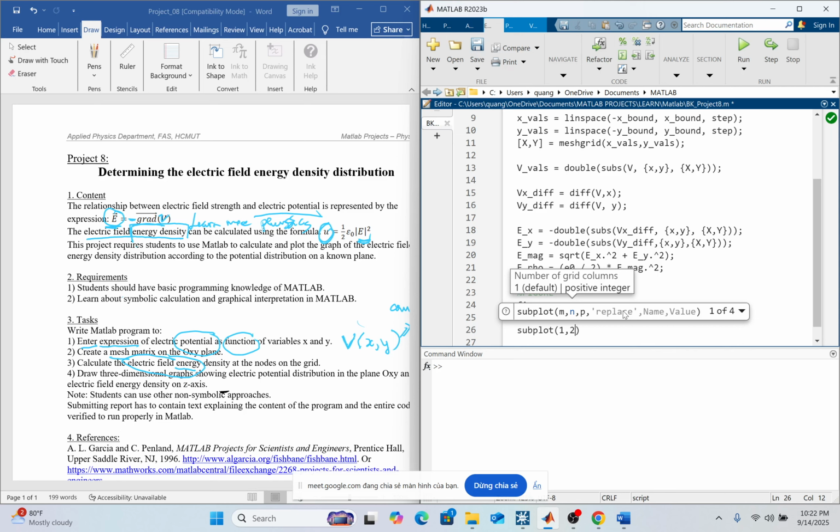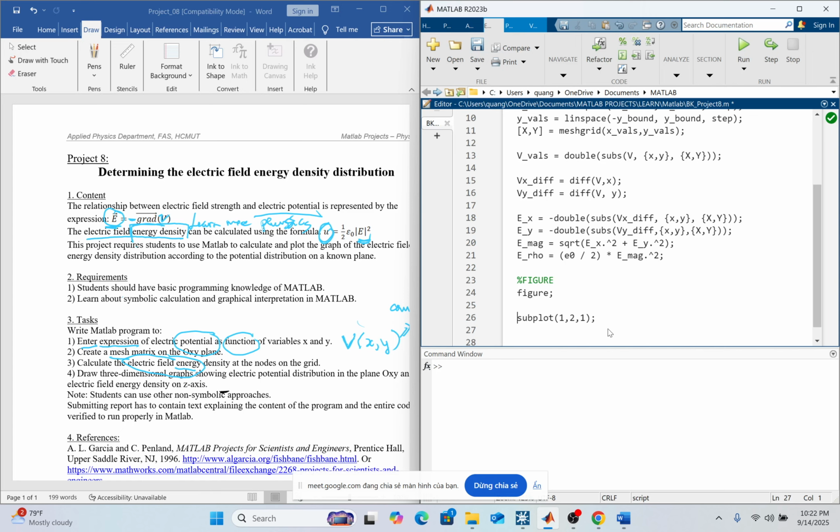I'll call the window: this window is number 1, and this window will contain two graphs, and this graph will be the first one.